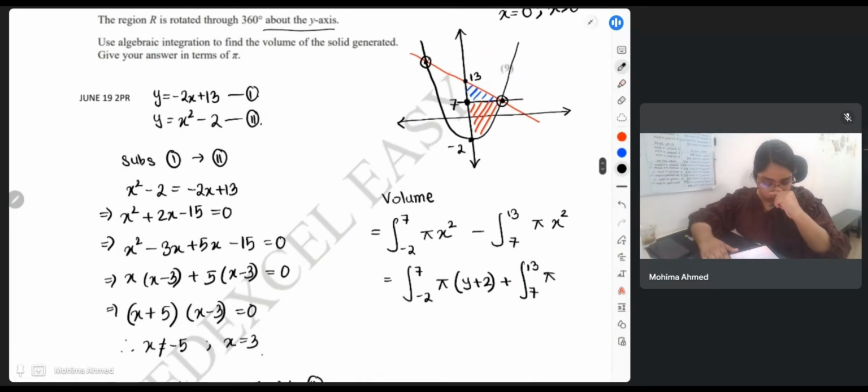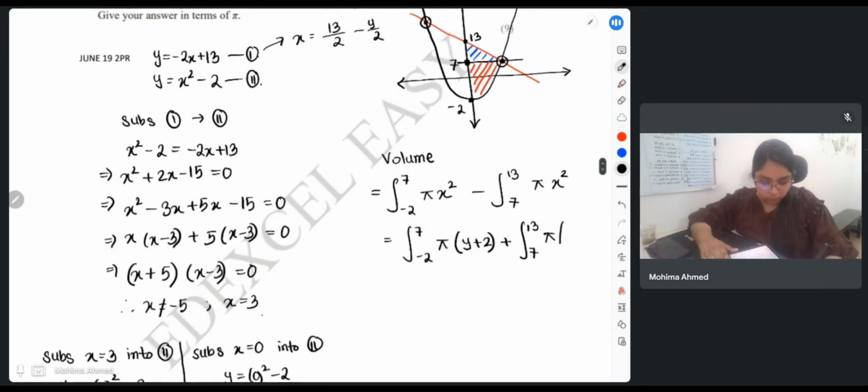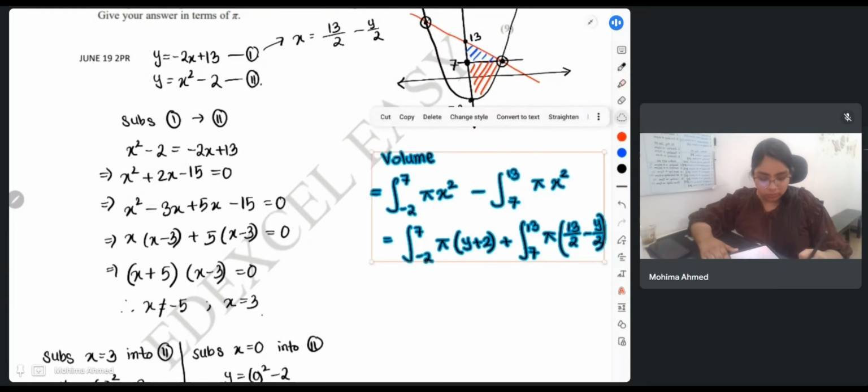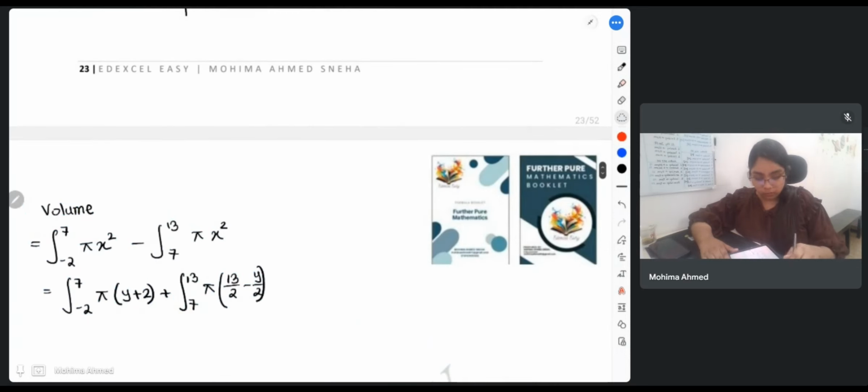For x in this situation, sorry, it's actually going to be, from this equation, if you make x the subject, 13 by 2 minus y by 2. In that case, now you have 13 by 2 minus y by 2. Right, I will just copy this and take this entire calculation to the next page, because there won't be much space over there.